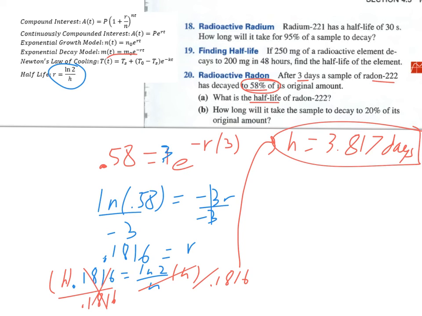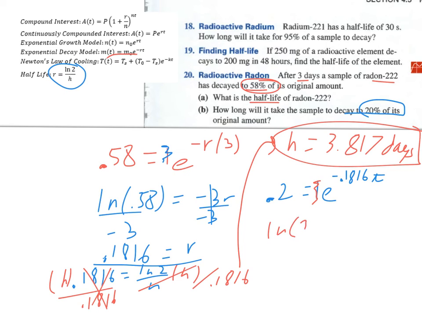All right, and then so next up, part B, it asked us how long would it take for the sample to decay 20% of its original amount. So once again, when it says of, I'm actually going to use that 0.2 right there, and I'll use 1 right there. And then we have e, and then we now know r is 0.1816, but I'm going to put negative r. So I'm just using this right here. You could use ln2 over the half-life, but I know what r is anyway, so I'm just going to use that. We'll put a t right there.